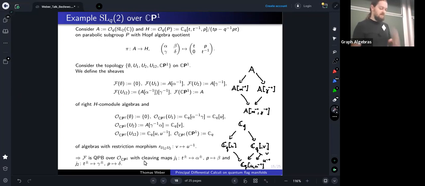You mean here, if you take the invariants, that you get this? Yes. There's also something you have to check. Note that you should understand this U as alpha minus 1 gamma, which you can easily see is an invariant element.